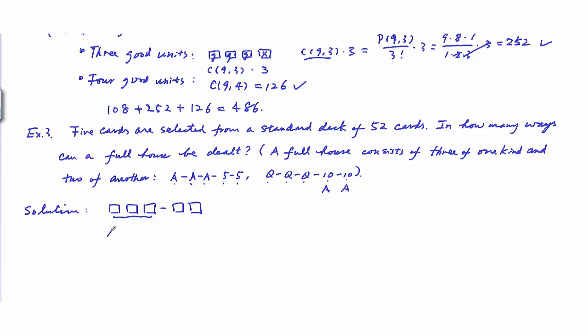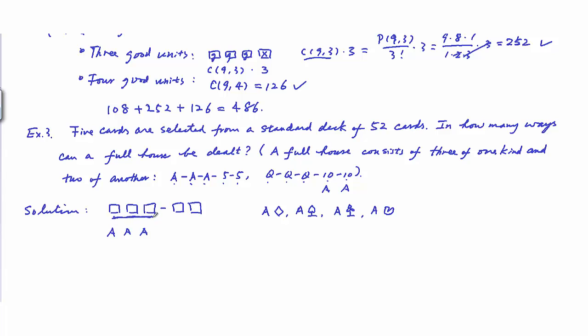So for example, you can take A, but for one kind, you could have a diamond, and then a spade. You could have a club, or you could have a heart. So you can choose 3 out of 4 here.